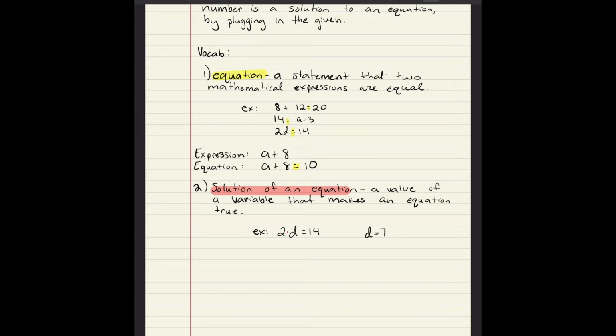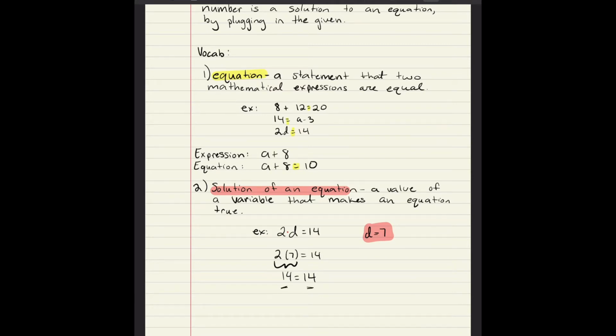So the solution to this equation is d equals 7, because it would make it true. If we plugged it in, 2 times 7 equals 14. So that's true because they're both equal in the end.